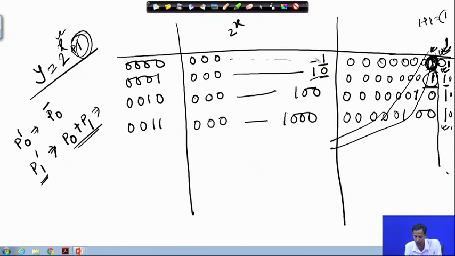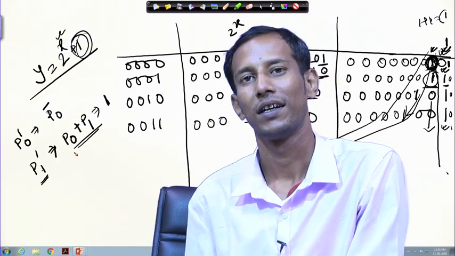For this, it was 0 plus 1, so in the modified case P1 will be 1. For this, what was the value? 0 and 1. In this case, this is 1, this is 1. In the other case, it was 0 plus 0, so in all other cases it will be 0. And for the rest of the cases, as this carry does not affect the third bit, it will remain the same. Only in the last 2 bit positions this 1 will have an effect, and that will be the change which I need.